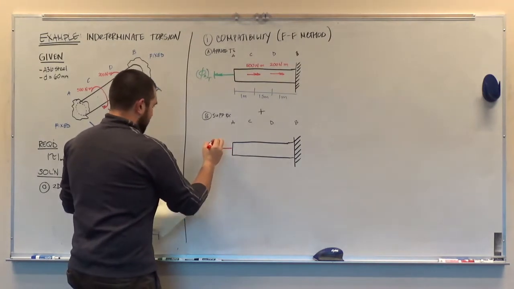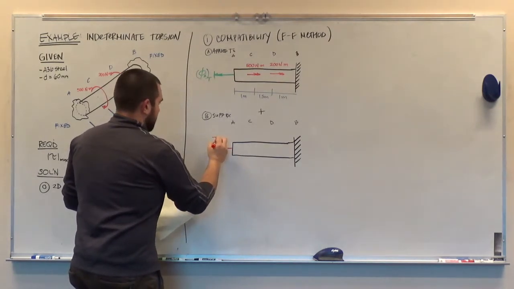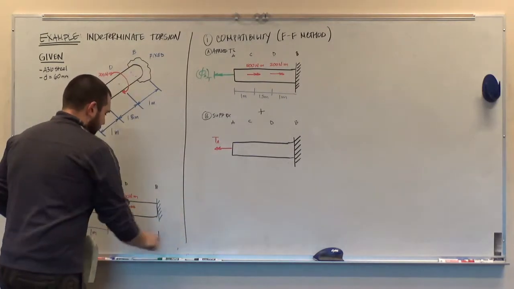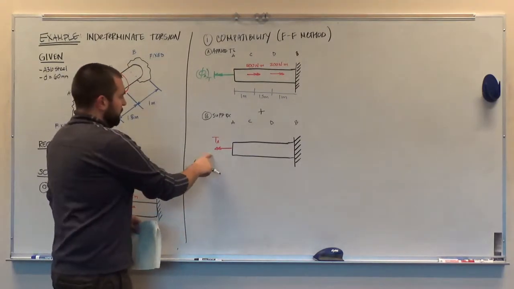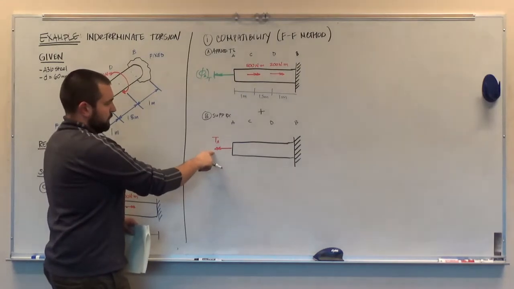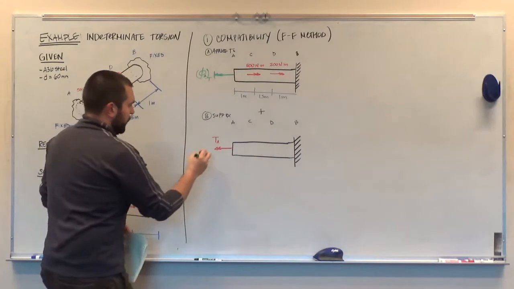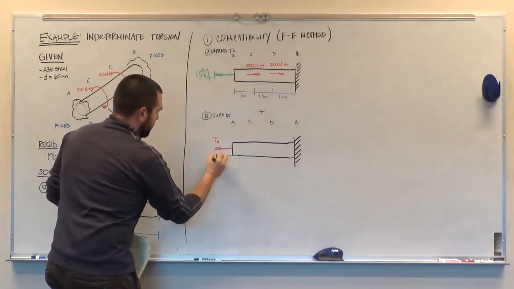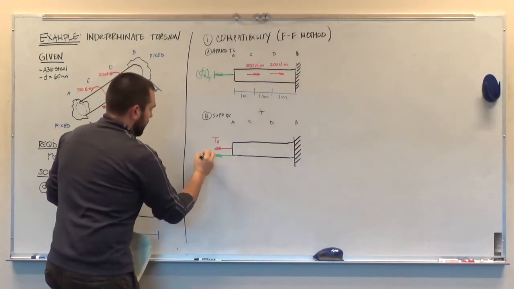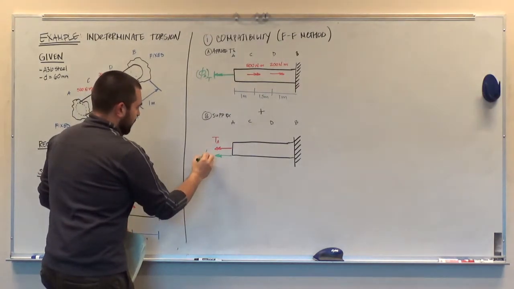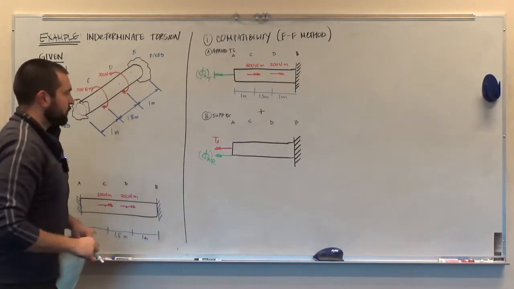And so I'm going to say here that this is my torque at A. And we're also going to keep track of the rotation at A due to this support reaction. So this is the angle of twist at A due to the support reaction.